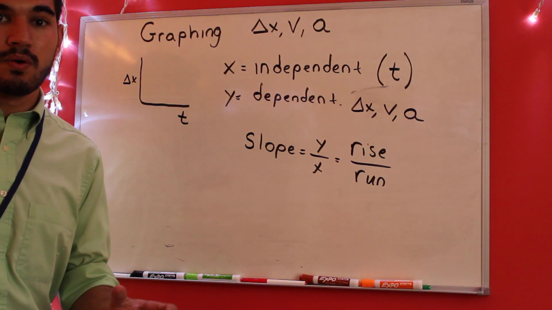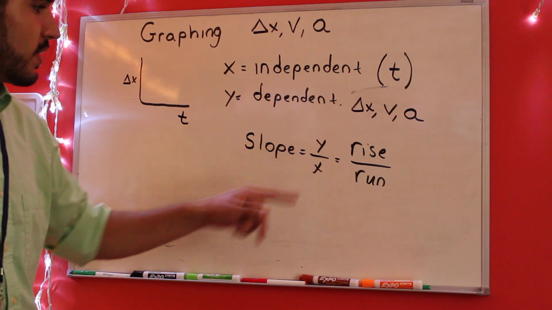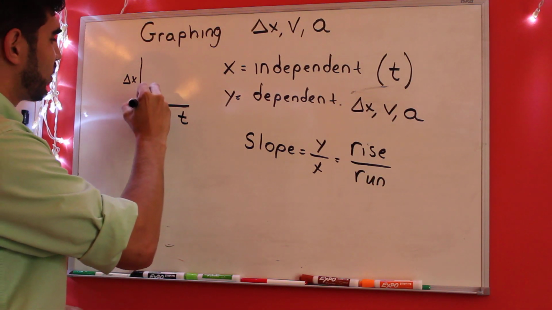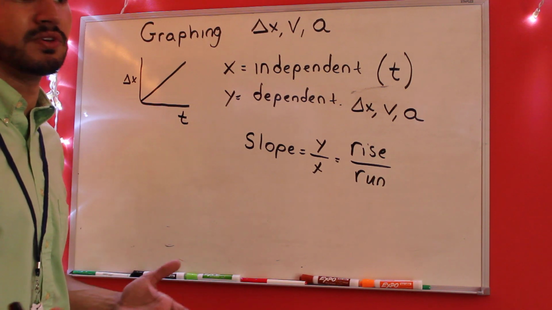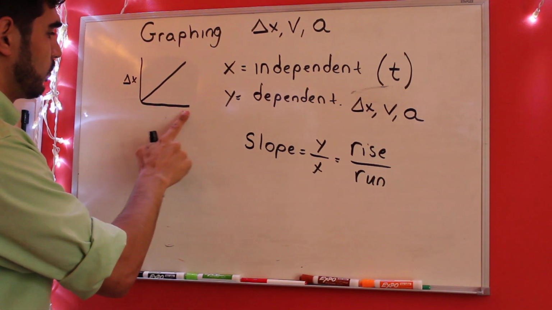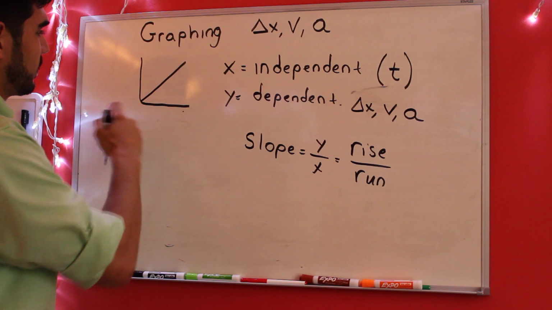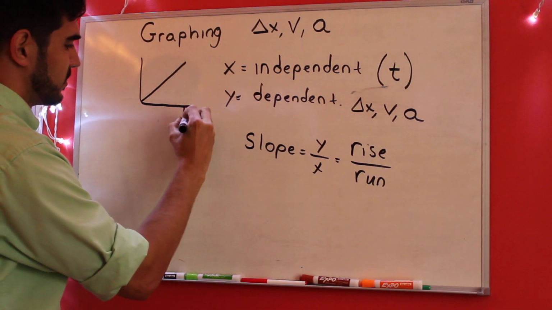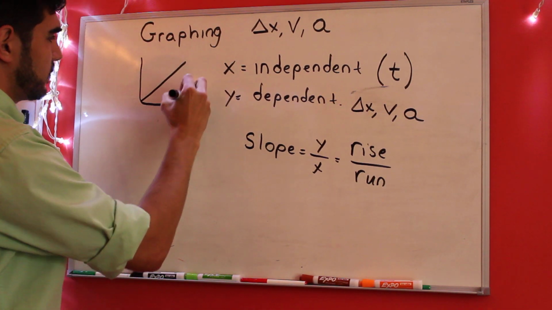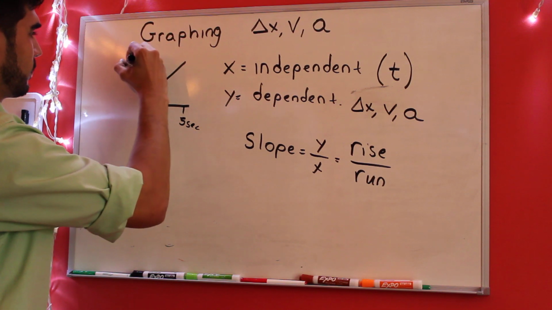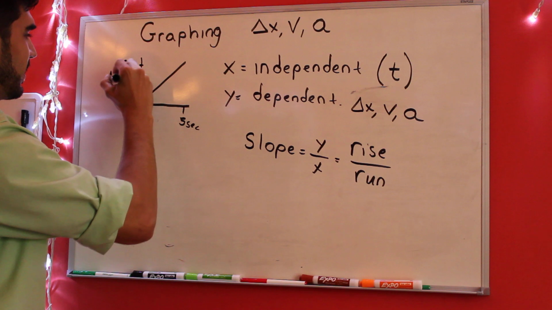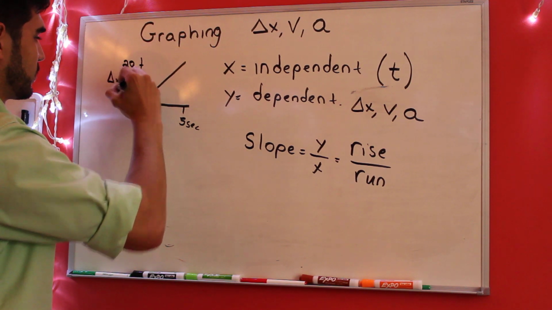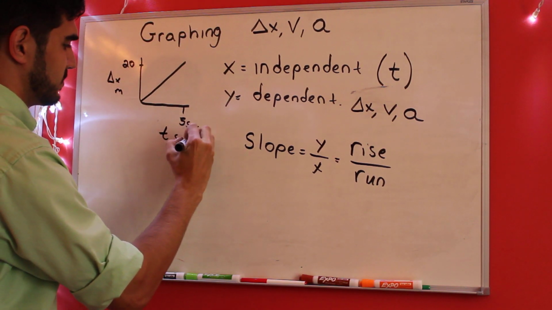Now, we know that slope is rise over run, so if I write this as consistently increasing, my displacement consistently increases with time, and we'll say at 5 seconds, this object has traveled 20 meters. So we have delta x in meters and time in seconds.